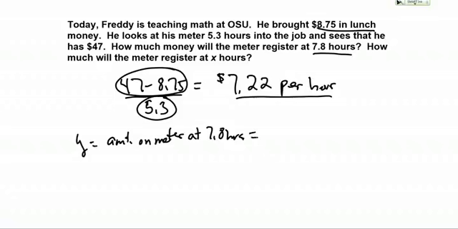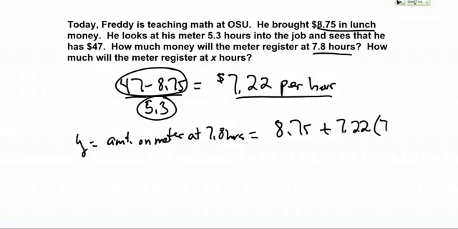How do we calculate that? Well, first of all, some of that money is his lunch money, and the rest of the money comes from his earnings. So this is like the problem before where every hour he gets $7.22, and he's going to be working for 7.8 hours.